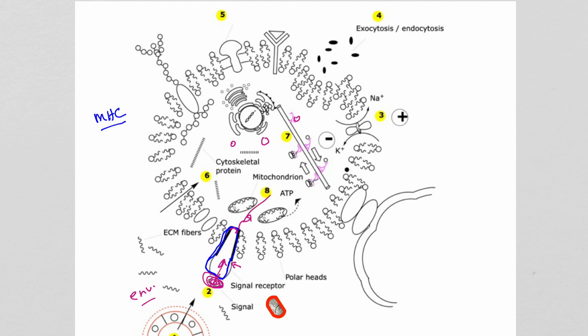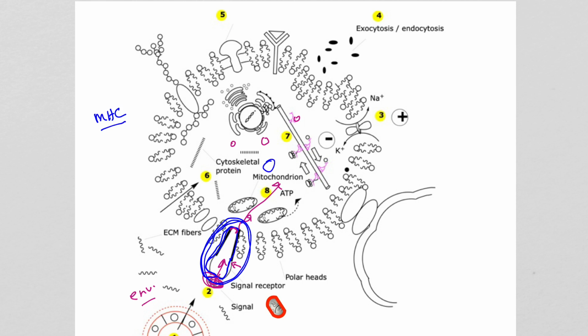So cell signaling can tell the cell what to do so that it responds appropriately to what's going on around it. Although most receptors are found on the membrane, interestingly, some receptors are located inside the cell.